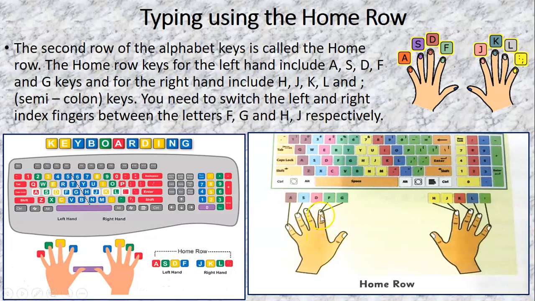Same way you have your left hand index finger with F and G, and then your right hand index finger with H and J. So your fingers should be in home row A, S, D, F, J, K, L, semicolon. This is how you're going to type on your keyboard.